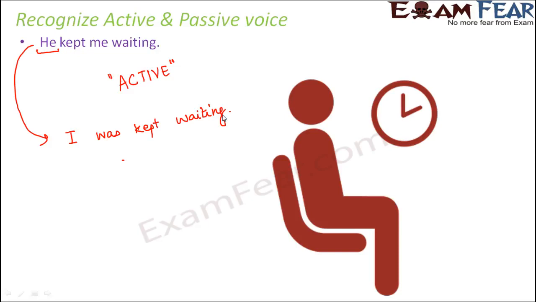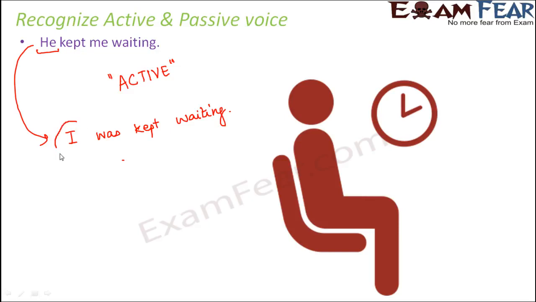I was kept waiting by him, right? So this is how it would look in the passive voice. I was kept waiting. That means I am not the doer of the action. I did not do anything. I am not the one who kept somebody waiting. I was the one who was kept waiting by somebody else, right?